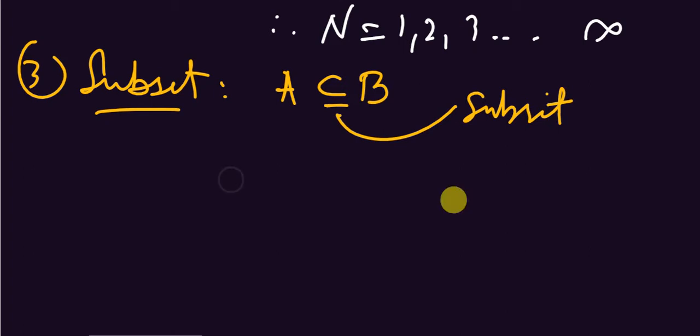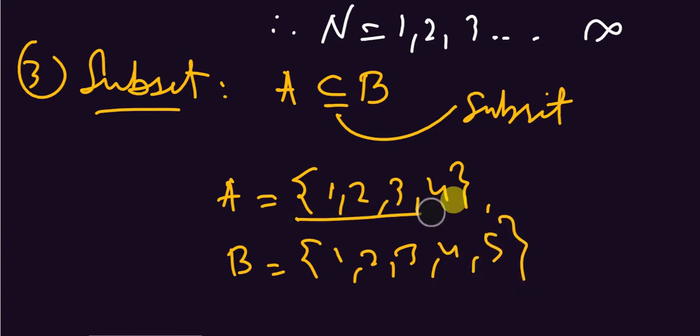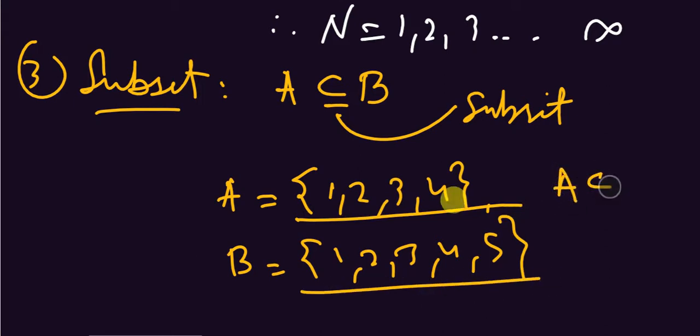For example, let's suppose A is 1, 2, 3, 4 and B is 1, 2, 3, 4, 5. You know that the elements of A are in B. So A is a subset of B.